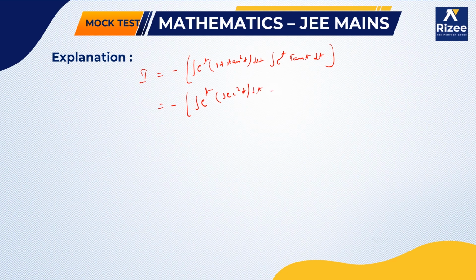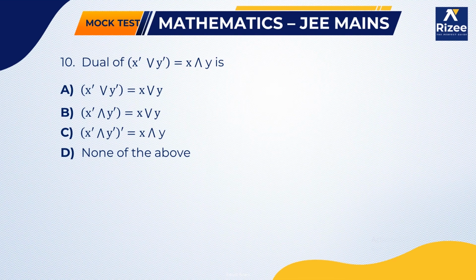So integrating e power t tan t, integral of e power t minus the derivative of tan t times the integral of e power t dt. By solving this equation we get the answer.